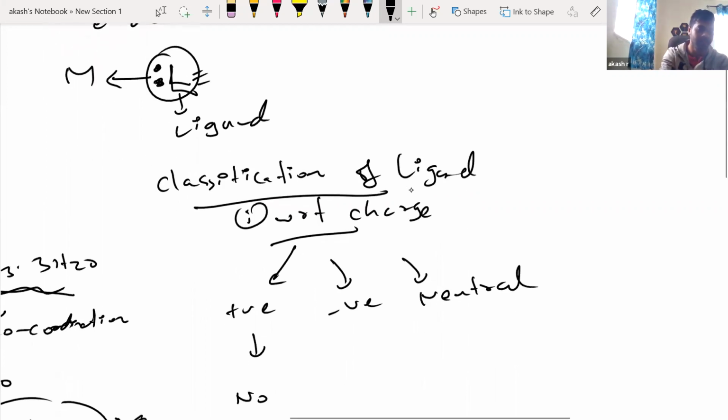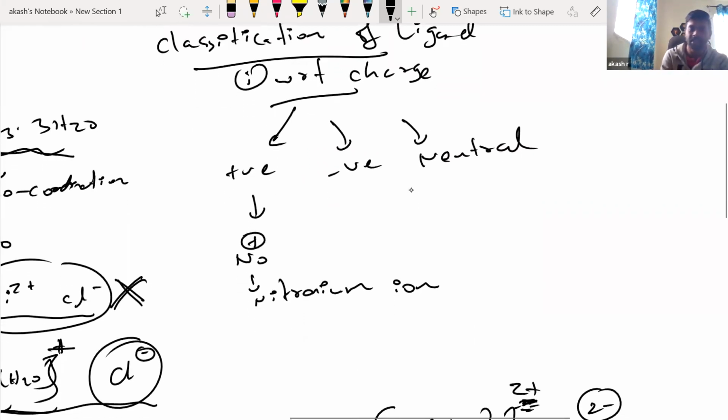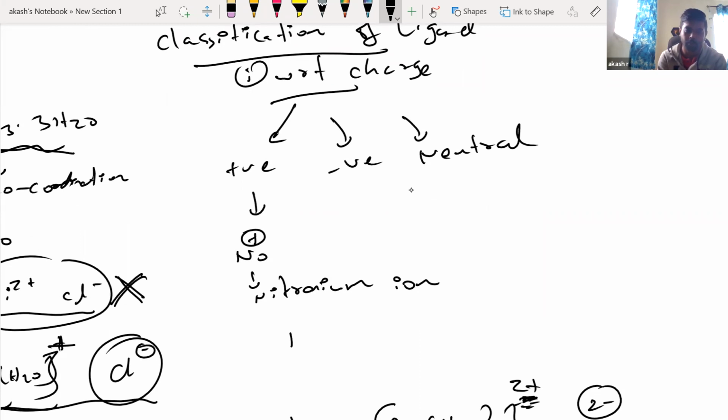For example, take NO+. This is what is called the nitronium ion. Positive charge. Now you can ask me, how is it able to donate electrons? If you look at NO+, oxygen is indeed having a lone pair, and nitrogen can also have a lone pair.